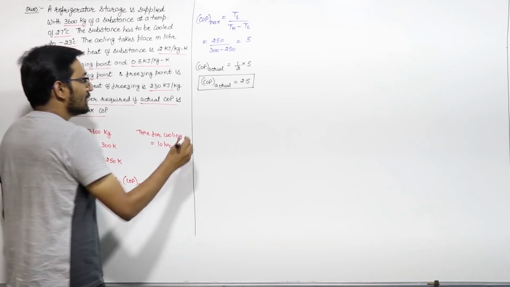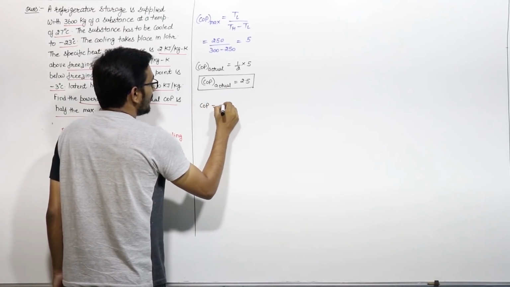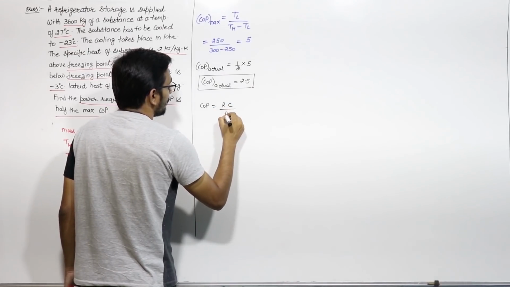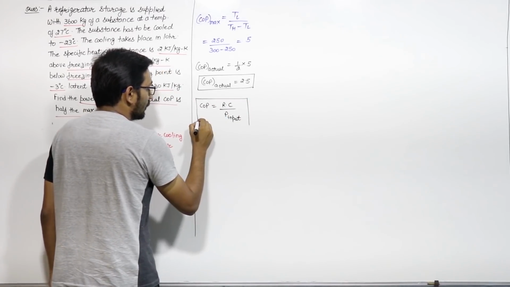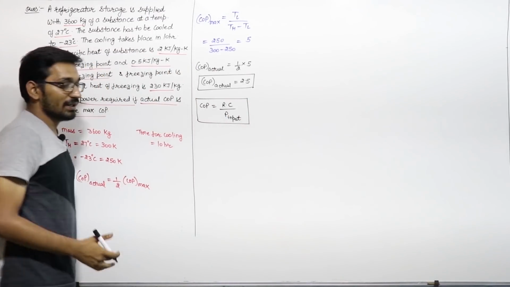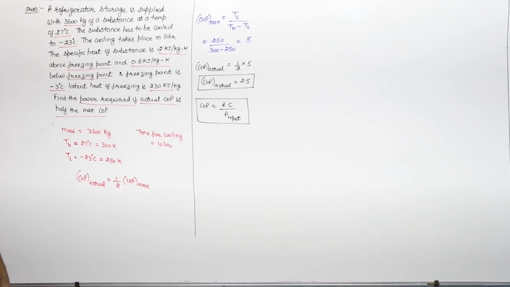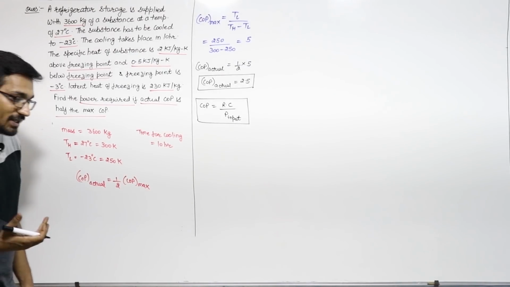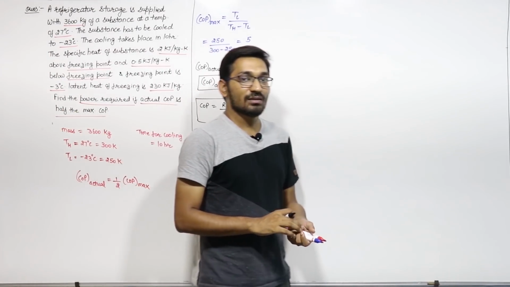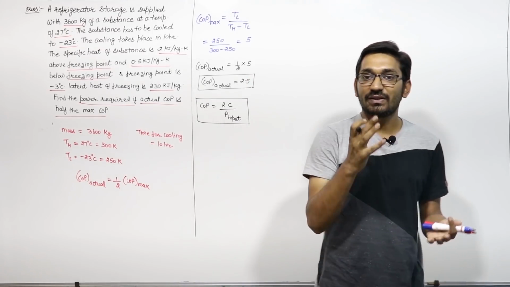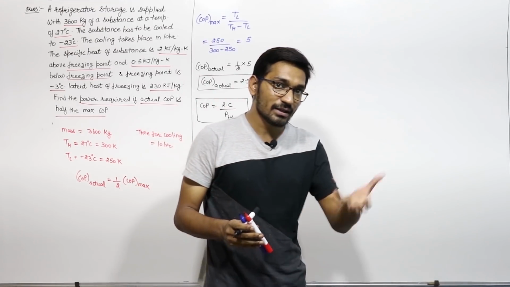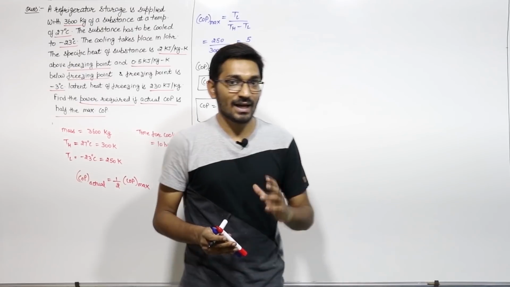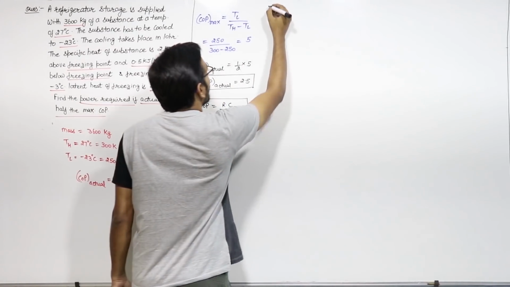Now we know that COP will be equal to refrigeration capacity upon power input. So the COP we know, that is 2.5. If we calculate the refrigeration capacity, then we will be able to find the power input. Now refrigeration capacity is mass flow rate into the refrigeration effect, and refrigeration effect is the amount of heat required to remove from the system to maintain it at a temperature below the surrounding temperature.